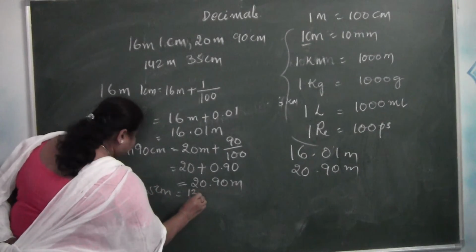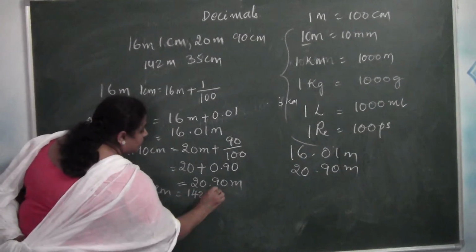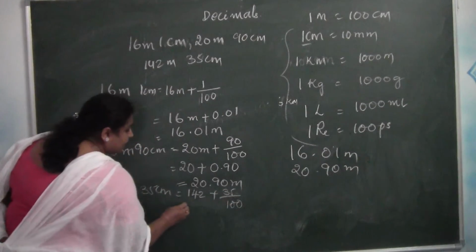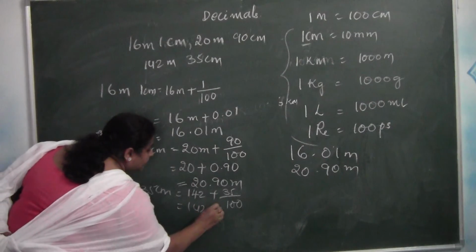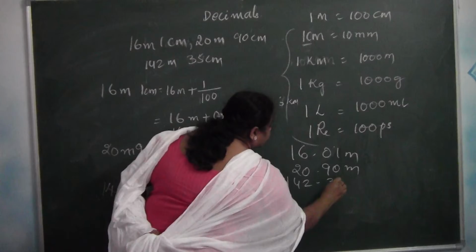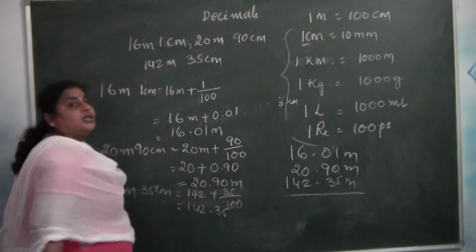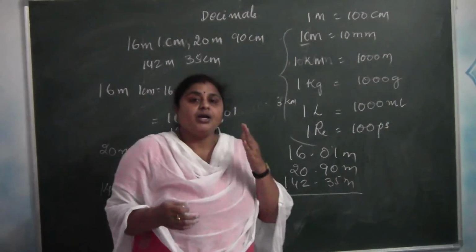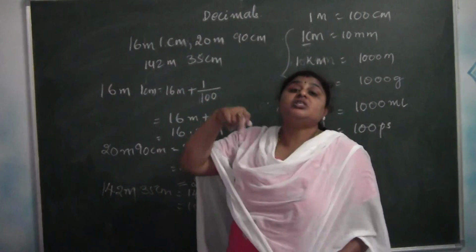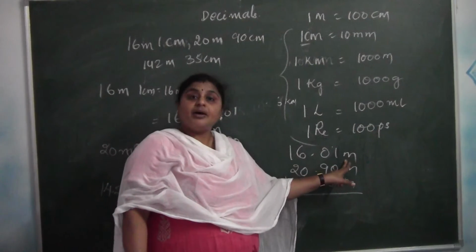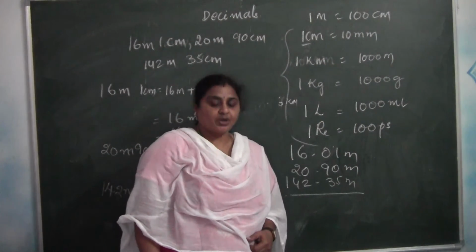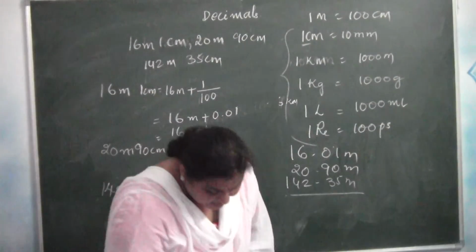Similarly, 142 plus 35 by 100, so we write this as 142.35 meters. So what are you doing here, children? You are expressing two different units in the same unit, meters, and then you are adding the numbers. Got it, children?